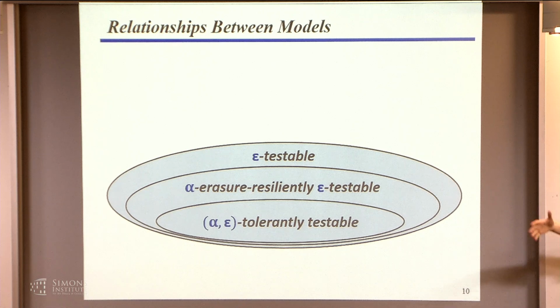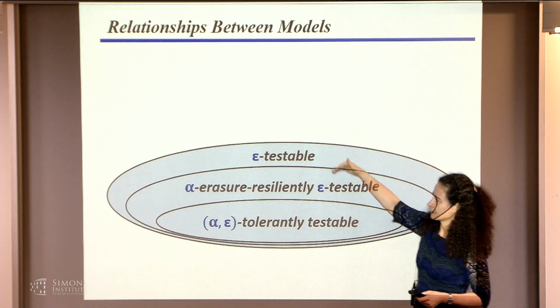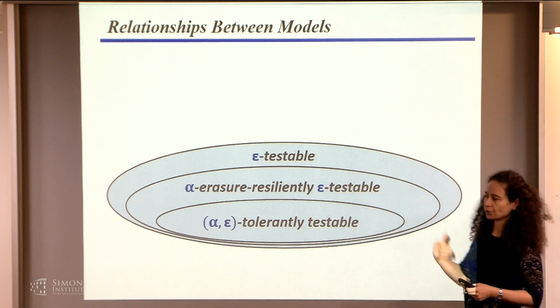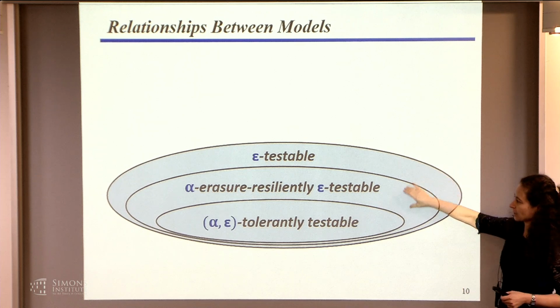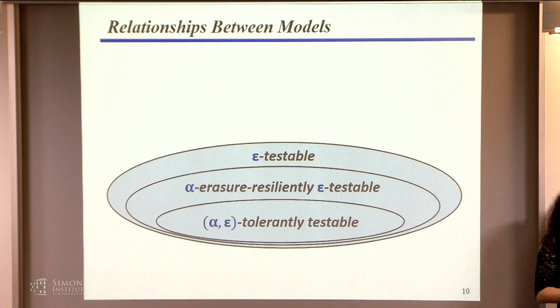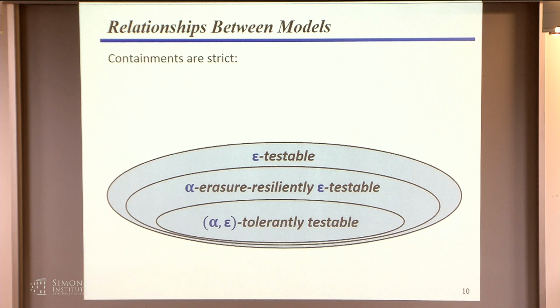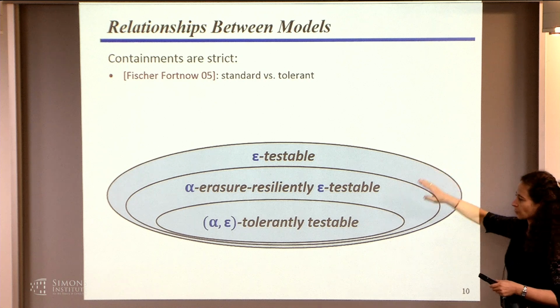And epsilon testable is yet a bigger class, so this one is contained in the bigger class for obvious reasons, but it's less obvious whether the containments are strict. And it turns out that they are strict. Fischer and Fortnow separated standard testing from tolerant testing.